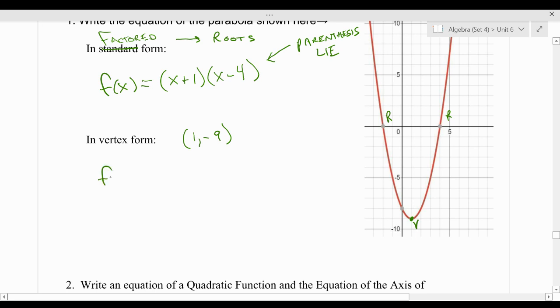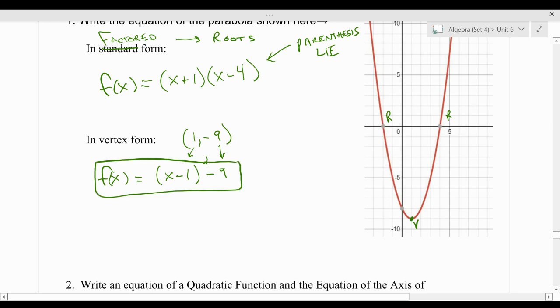So it's going to look something like f of x equals, parentheses, square x. Now remember, in the parentheses, they lie. So I'm going to take the x value and put it in here. So that's going to become -1, but the y value stays the same, -9. So that's how I write it in vertex form.